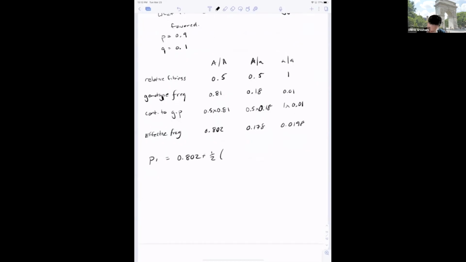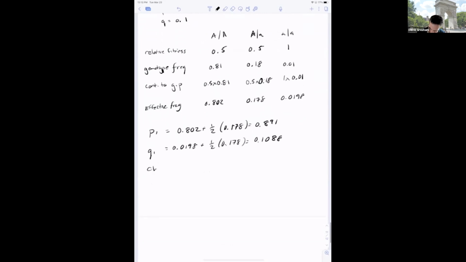plus half of 0.178, which equals 0.891, whereas Q is going to be 0.0198 plus half of 0.178, which equals 0.1088.